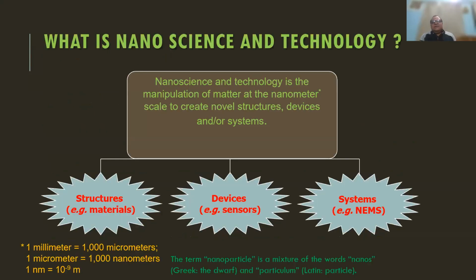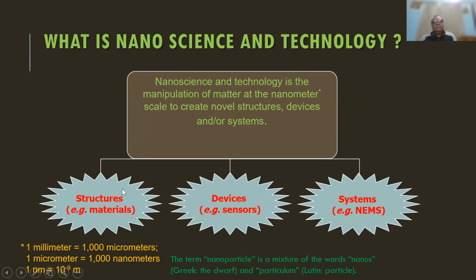So let us have a brief look at what nanoscience and technology is. Nanoscience and technology is the manipulation of matter at the nanometer scale to create novel structures, devices, and or systems. If we are dealing with structures, we are dealing with materials.